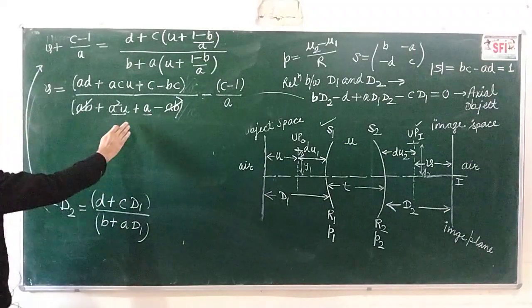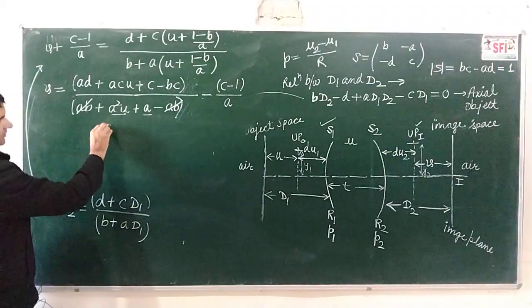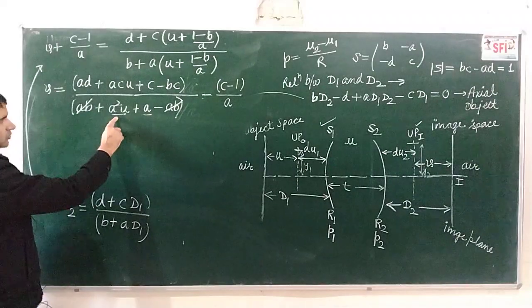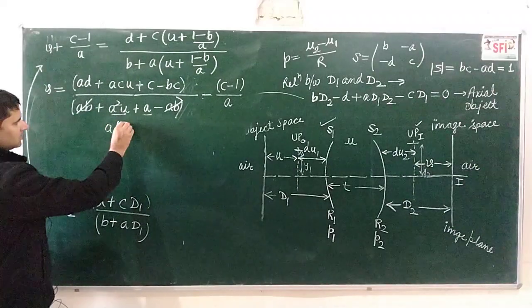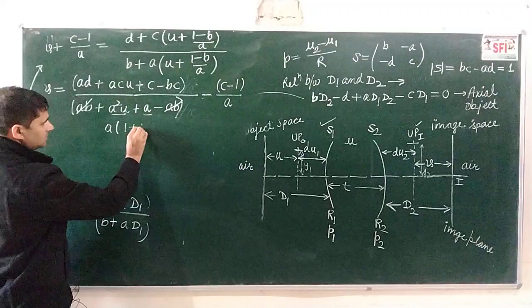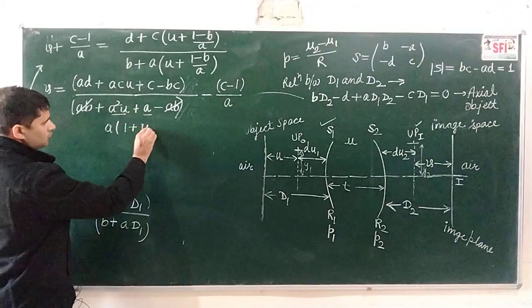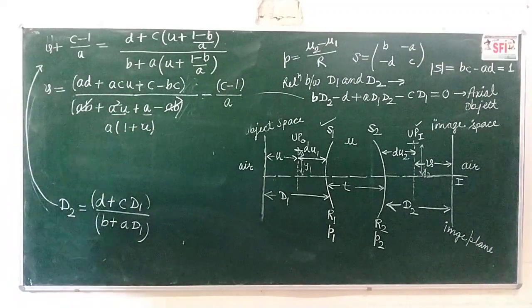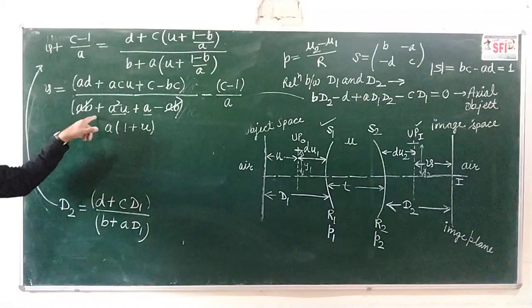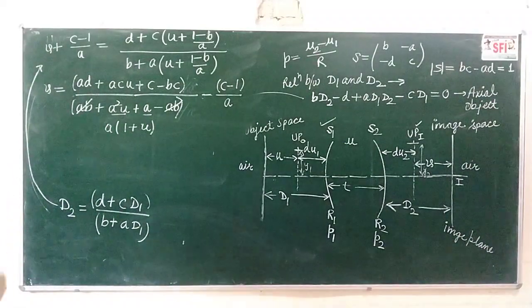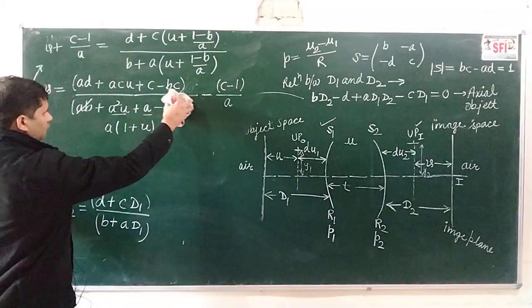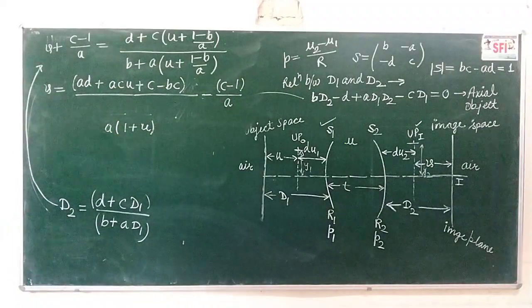If you take A common in the denominator, then this will be 1 plus U. Let me write this factor in place of the denominator so that we can use the space effectively.